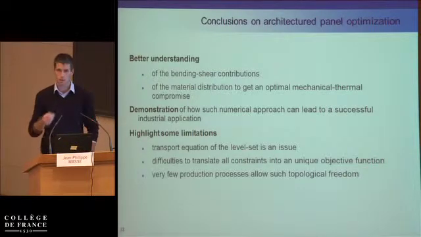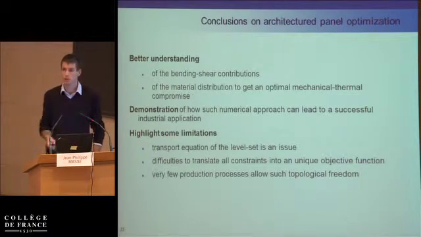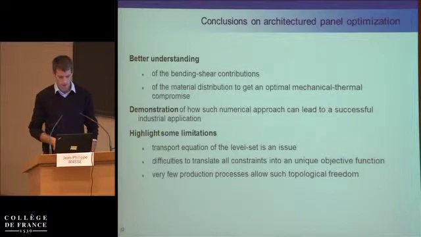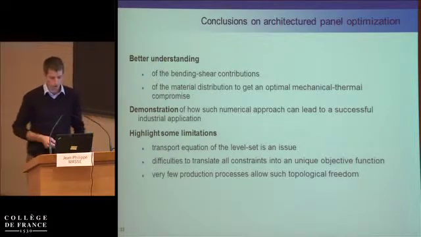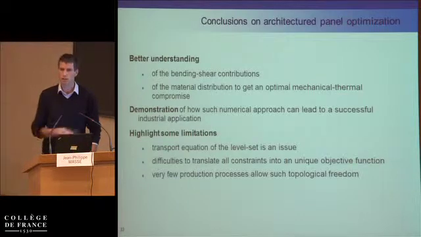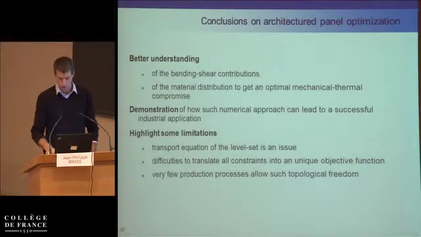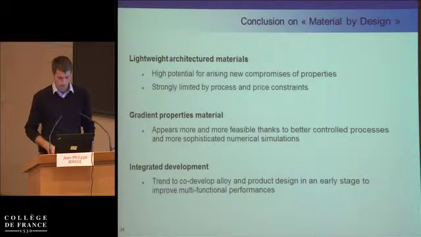Of course, we cannot introduce in the numerical objective function all the constraints of the process, and that's a problem. And also, there are only a few processes that allow such topological freedom as we have here in numerical simulation. We found an application here, but it's not really easy to find such a process.